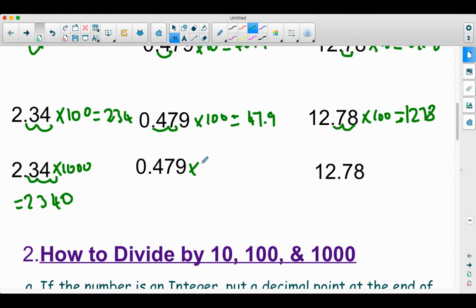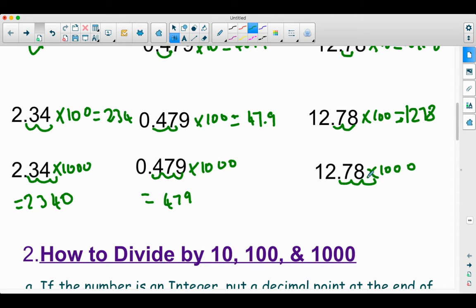What would 0.479 times 1,000 equal? We are going to move the decimal point 1, 2, 3 to the right. So that will give us 479. 12.78 times 1,000. Move the decimal point 1, 2, 3 to the right.